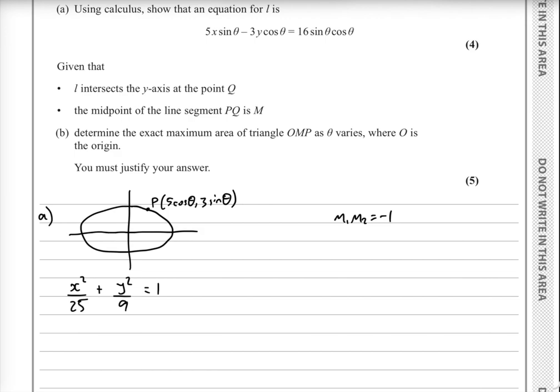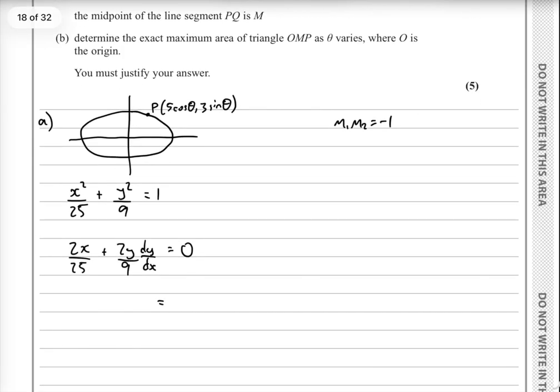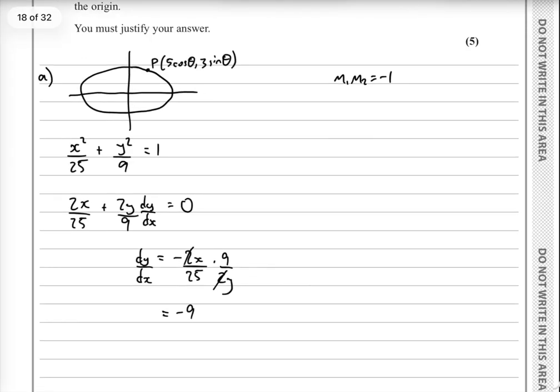You could use dy by d theta divided by dx by d theta, but I'm going to use implicit differentiation this time. 2x over 25 plus 2y dy by dx over 9 equals 0. Rearrange. Dy by dx is equal to minus 2x over 25 times 9 over 2y. Cancels with that. Minus 9x over 25y.